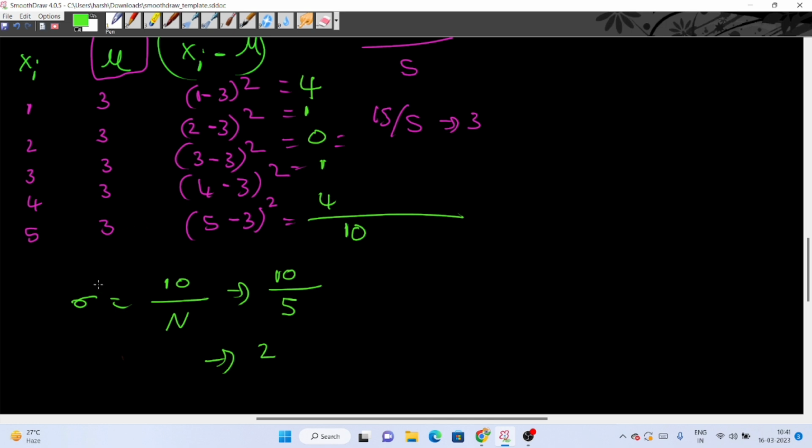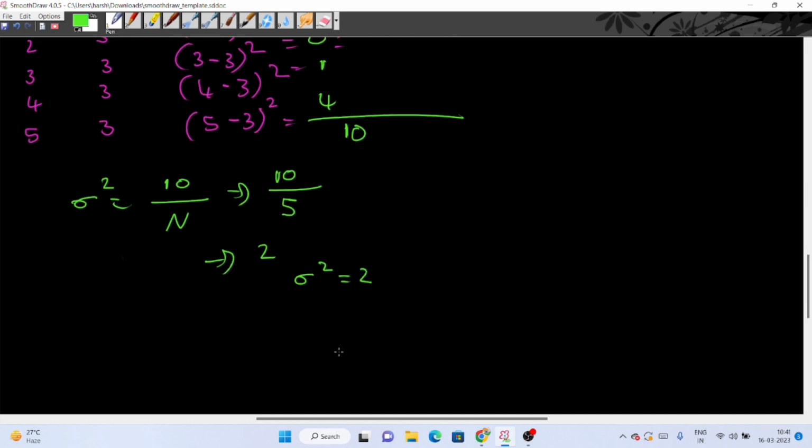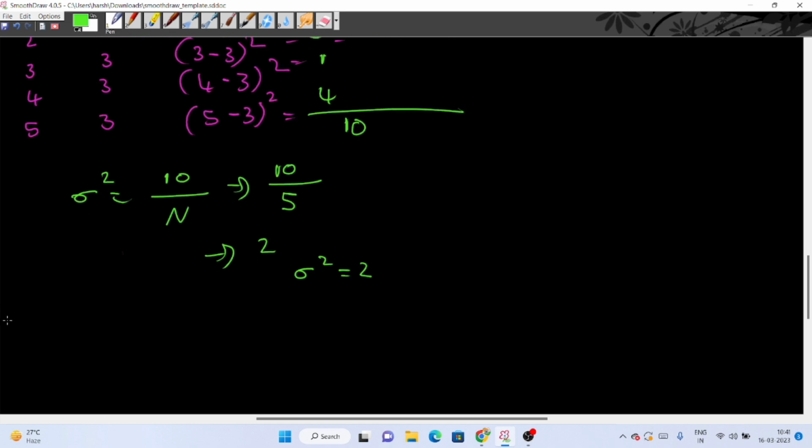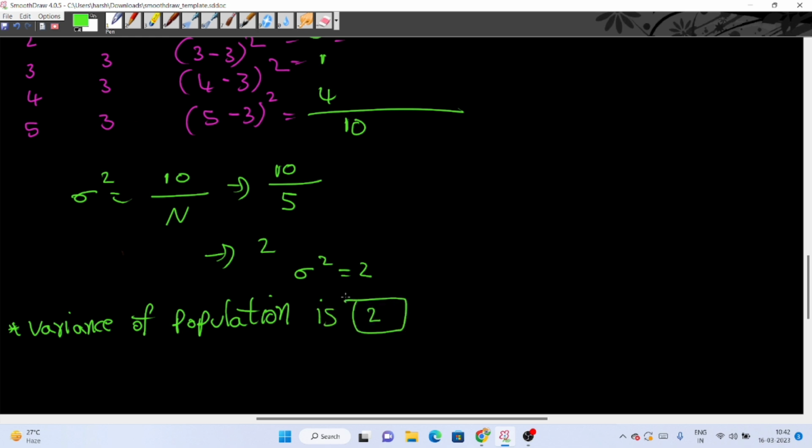So here we have to take sigma square, which means the variance of the population is 2. That is the answer which we got.